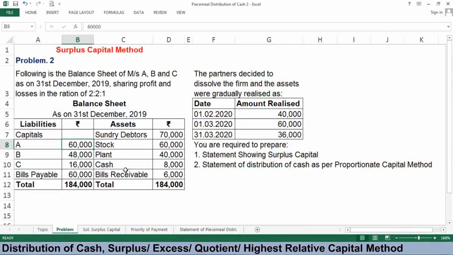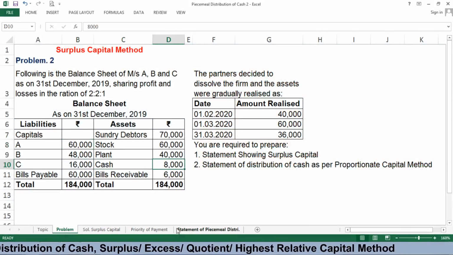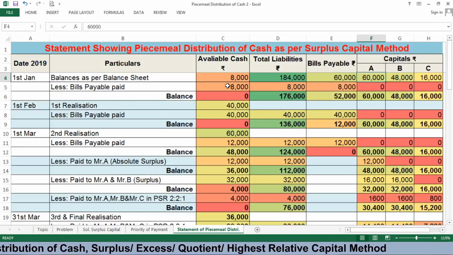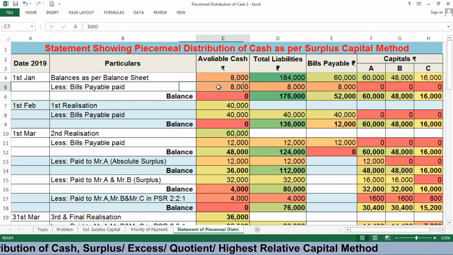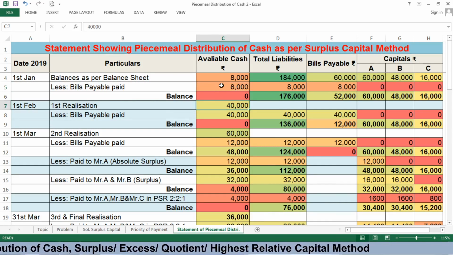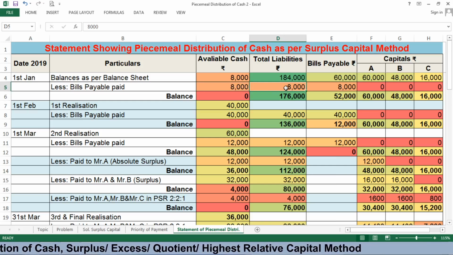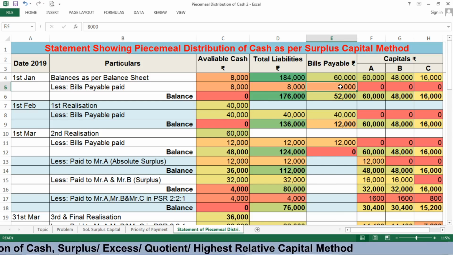In the problem, the basic cash available in our hand is rupees 8,000. So in the first step we will pay bills payable 8,000. After the payment of 8,000, our total liability will reduce by 8,000 and bills payable will be reduced by 8,000.